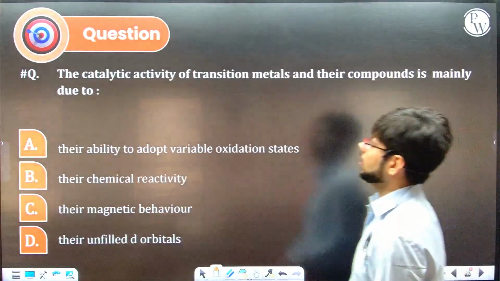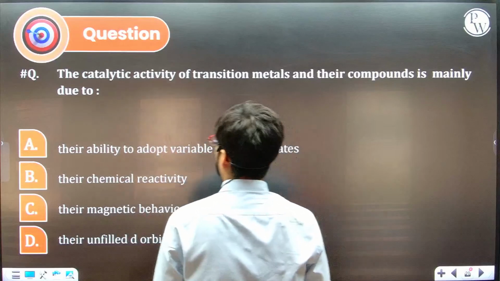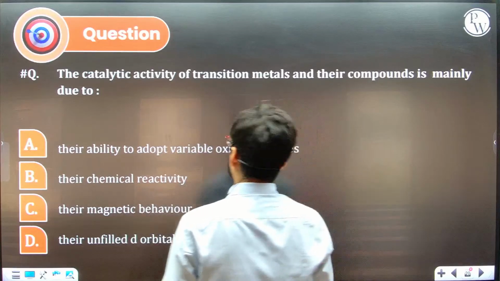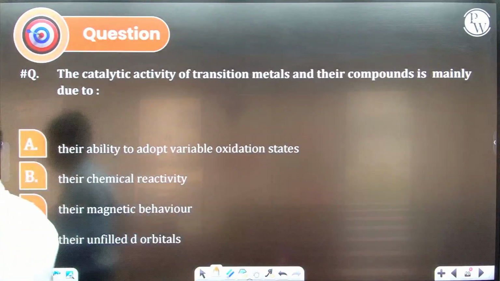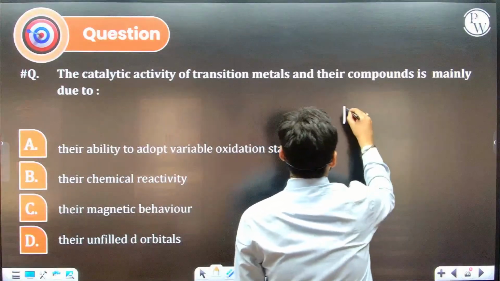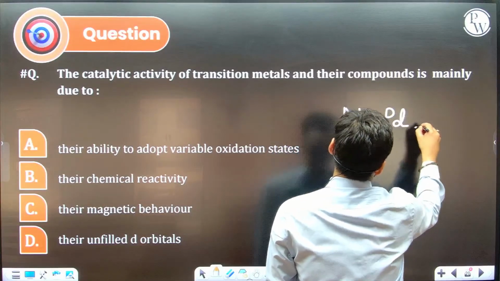Okay. Next question. The catalytic activity of transition metals and their compounds is mainly due to. Okay. This is interesting. Now see, in organic chemistry, you come across nickel, palladium, platinum.